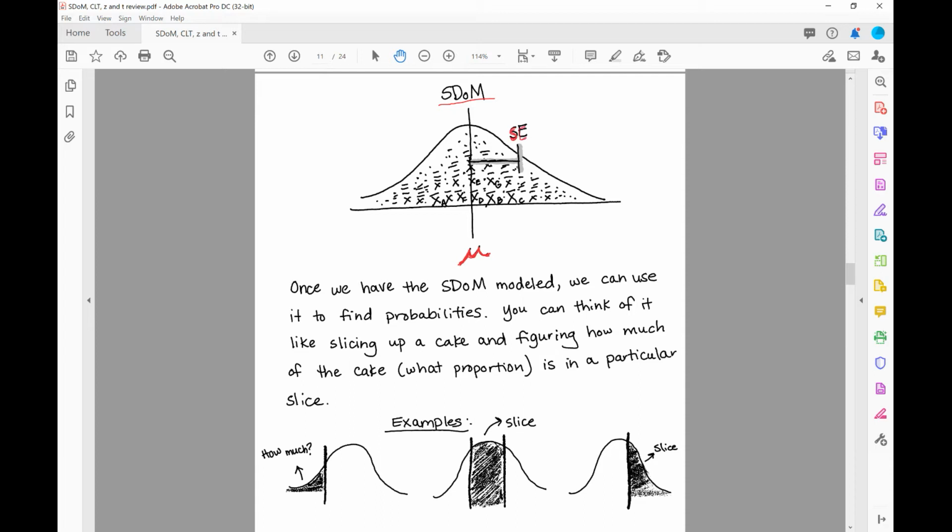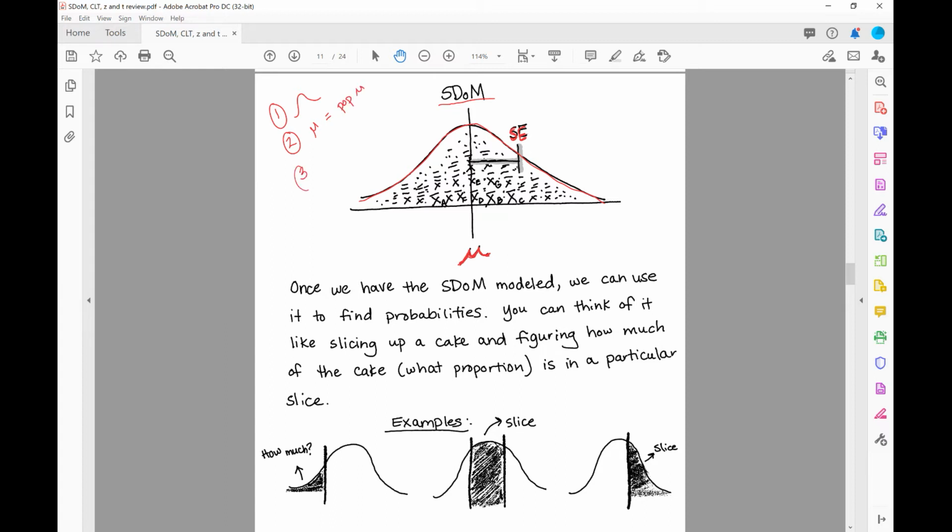If we're building a model, since we can't really take tens of thousands of samples, and we don't really need to, because number one, we know it's going to be normal, so we know the shape without having to actually take all those samples. Then the center, we know the mean is equal to the population mean. Okay, so we're good there.